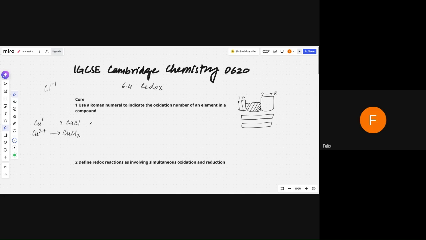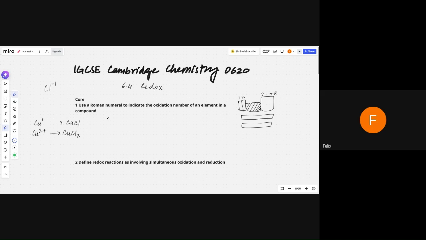We have discussed this in our previous lessons, the crisscross method. If you don't understand how we write the formulas of ionic compounds, you can go back and watch that video and then come back and continue learning this lesson.